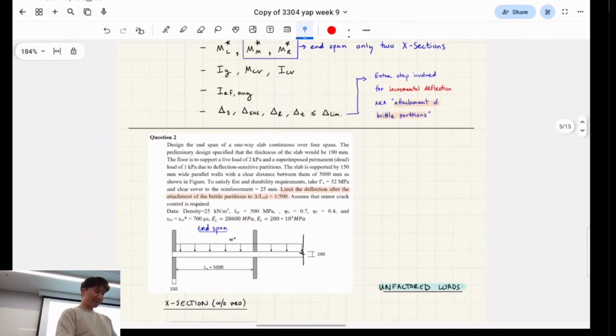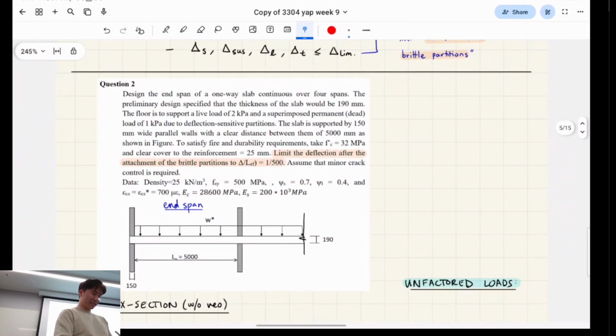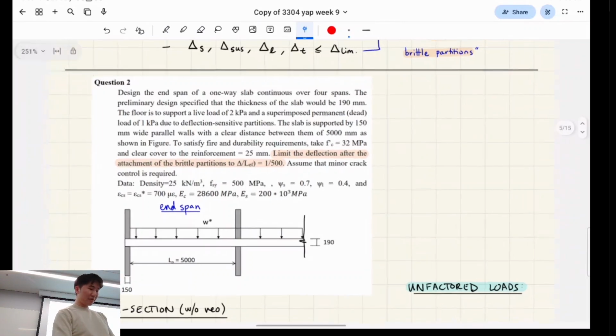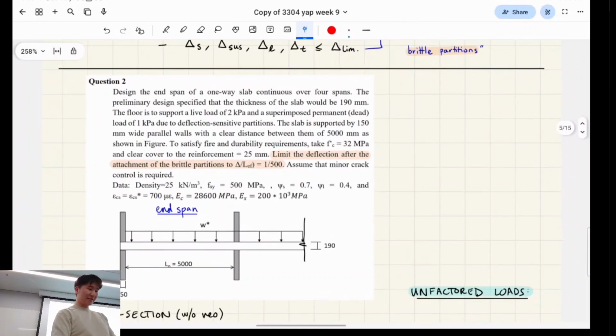Yeah. So here's the question that we're going to analyze today. All right, so I'll read it first. Design the end span of a one-way slab continuous over 4 spans. The preliminary design specified that the thickness of the slab should be kept to 190 mil. The floor is to support a live load of 2 kPa and a superimposed dead load of 1 kPa due to deflection sensitive partitions, right?